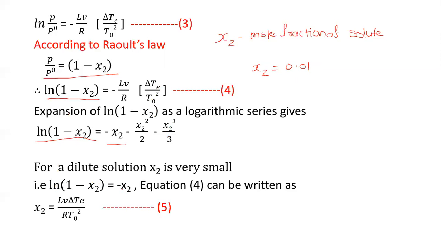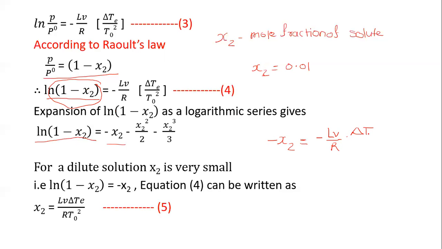So equation 4 can now be written by substituting ln(1 minus x2) by minus x2. So minus x2 is equal to minus LV upon R into delta TE upon T0 square.